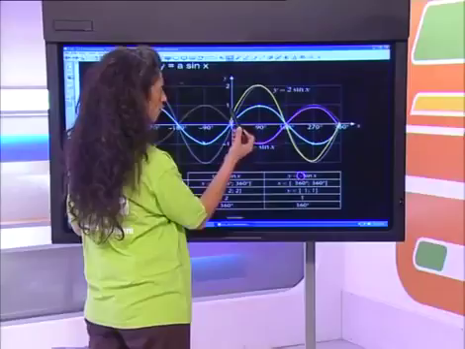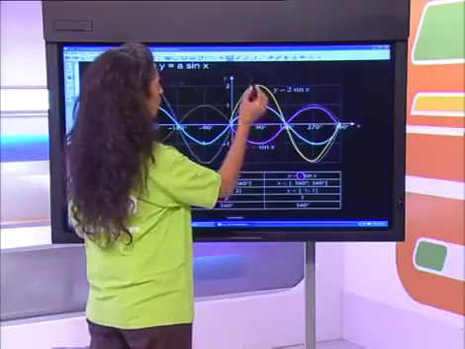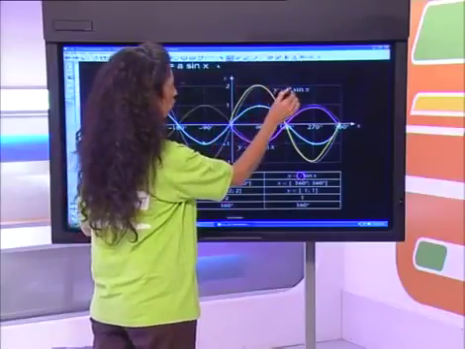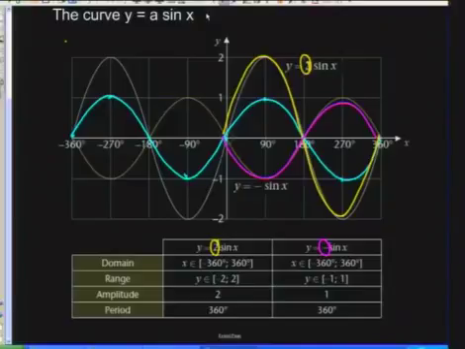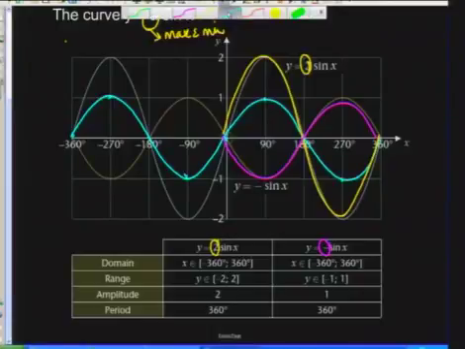The range for the yellow graph has changed because the coefficient is now 2. So changing the coefficient of the trig function will change its maximum and minimum values. And the way that we can actually plot those is very easy, because our parent graph has got y values that start at 0.